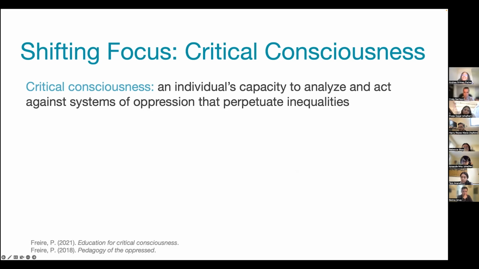Notably, critical consciousness is not only about being civically engaged or politically active. It also speaks to one's capacity to analyze systems of oppression and a motivation to enact social change that directly addresses marginalization. So specifically, critical consciousness has three components.